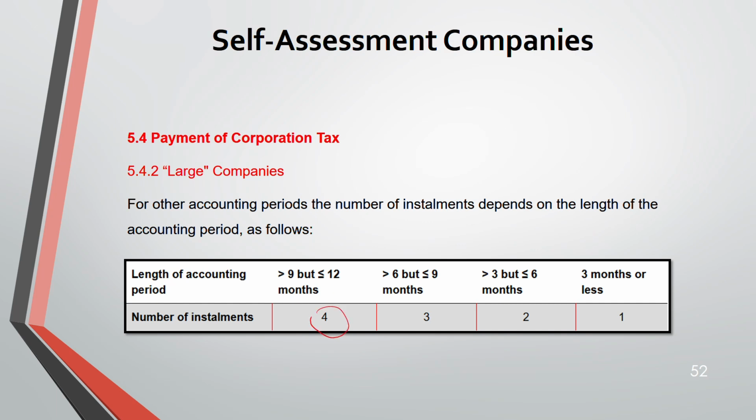You could have 10, 11, or 12 months, all 4 installments. If it's more than 6 months but less than 9 months, so 7, 8, 9, it is 3 installments. Then more than 3 months and up to 6 months, so 4, 5, 6, it is 2 installments. And if it's 3 months or less, so 3, 2, 1, it is 1 installment. You understanding?